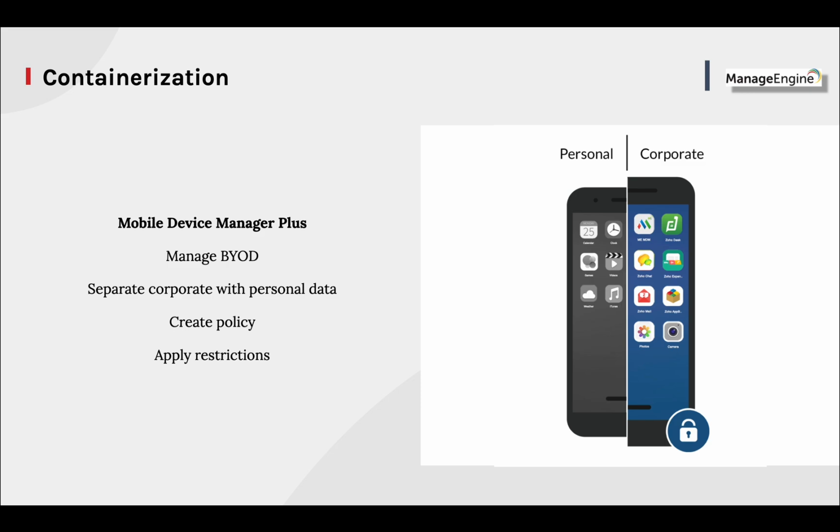Now, Android containerization is a logical isolation of enterprise data from personal data while coexisting in the same device. The work profile notification and app icons will have a work badge to be distinguished from personal notifications and apps.